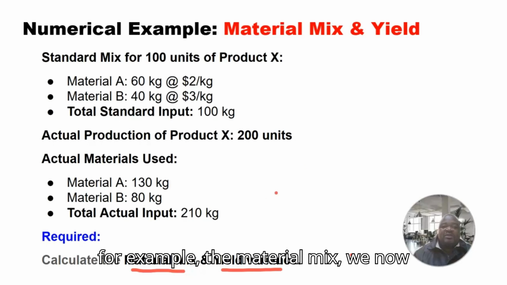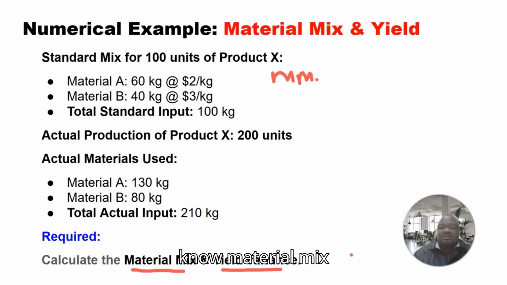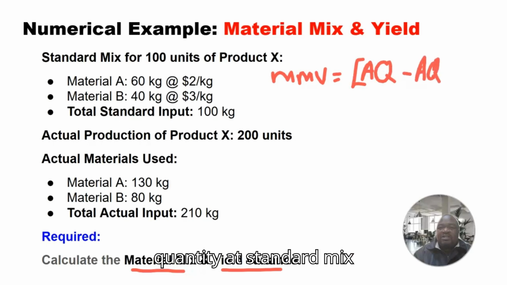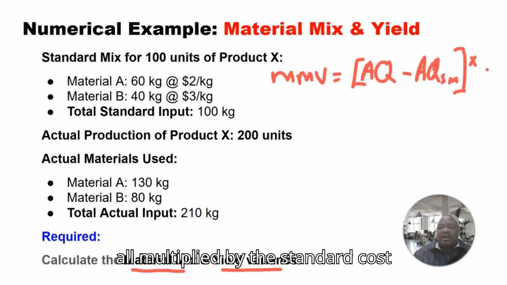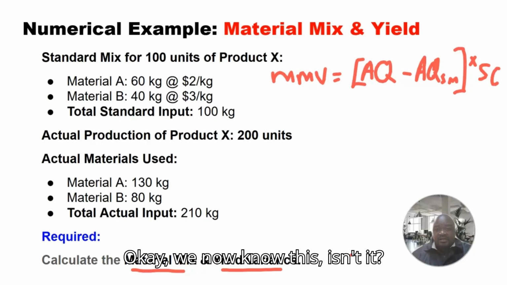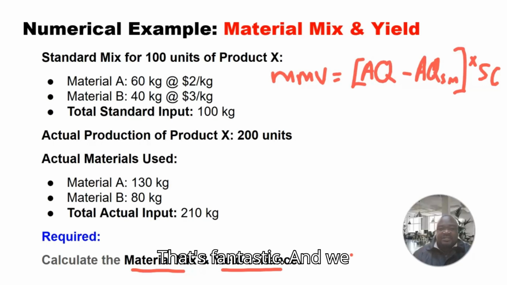So, for example, we now know material mix variance is equal to the actual quantity minus actual quantity at standard mix, multiplied by the standard cost or standard price. Okay, we now know this, isn't it? That's fantastic.